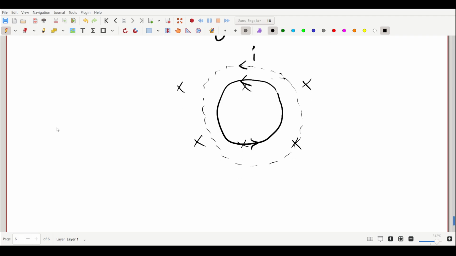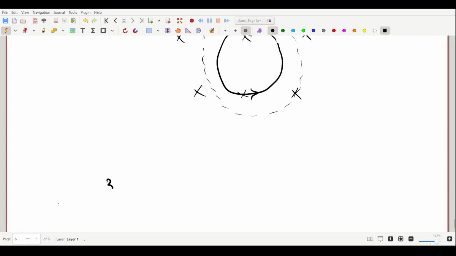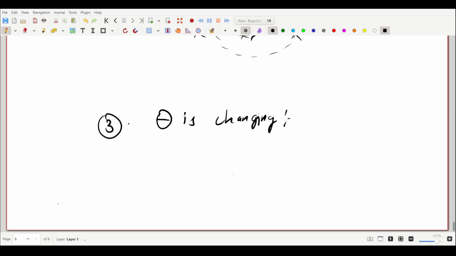The third thing that he observed was theta is changing. Theta is the angle between the magnetic field and the area vector of the coil. How can it change? You have a magnetic field, but this time your coil is rotating somehow, like this.